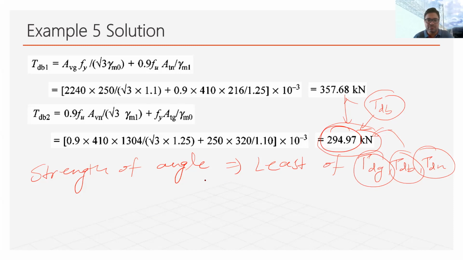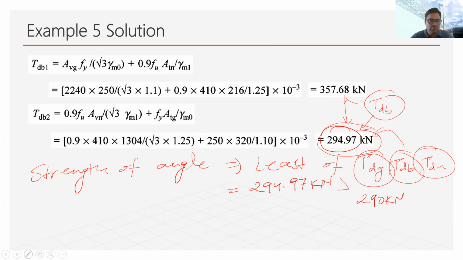So we can say that the strength of angle will be 294.97 kilonewton. And you can see the factored design tension as given in the question was around 290 kilonewton. So you can see the strength of this chosen angle is more than the factored tension force.